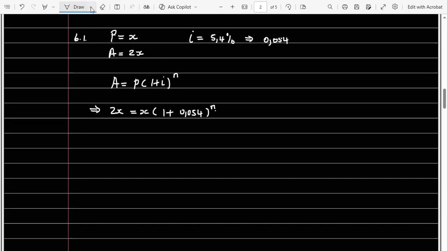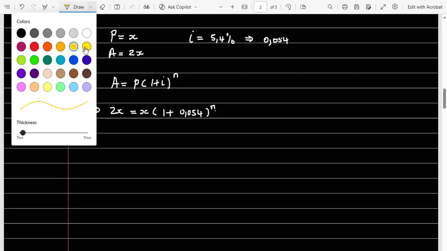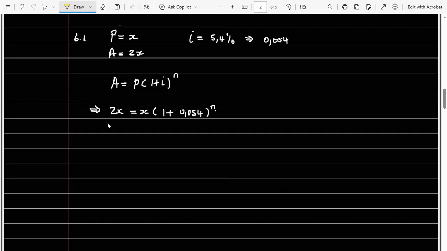To work out this problem, I need to get rid of that X. I can divide this side by X and that side by X, because I can't have two variables in my formula. I need to have the one variable that I'm looking for. So let's get rid of X and write this as 2.